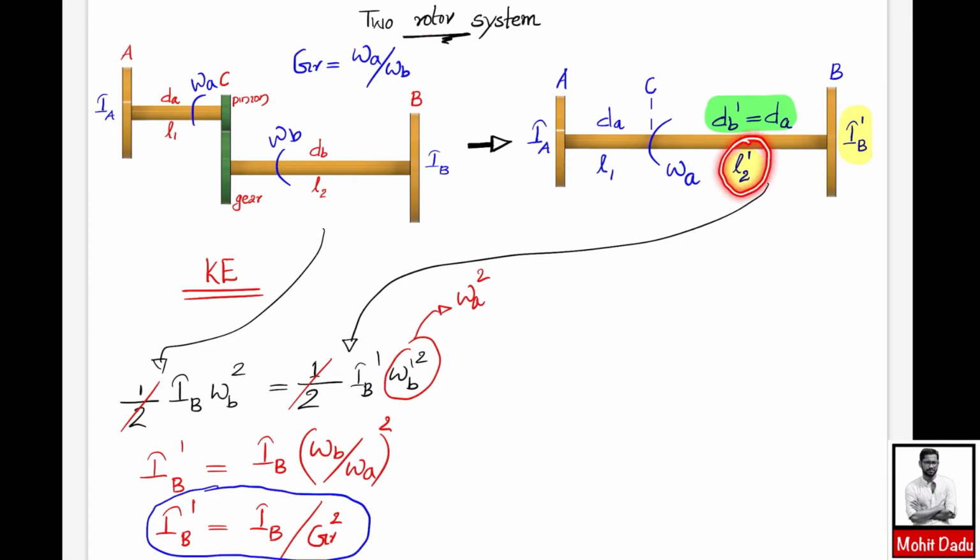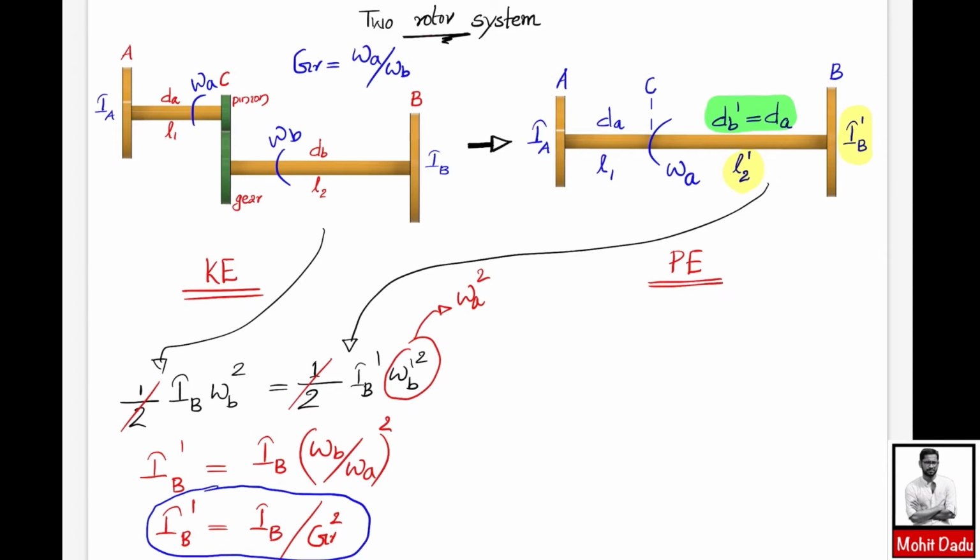So we have evaluated this change in mass moment of inertia of this rotor, and next you have to evaluate this change in length, that is how L2 is changing to L2 dash, or what is the relative connection between this L2 dash and L2. For that, you will be equating the potential energy of these 2 systems. In both systems, the first part is the same, that is the DA diameter and L1 length part is the same.